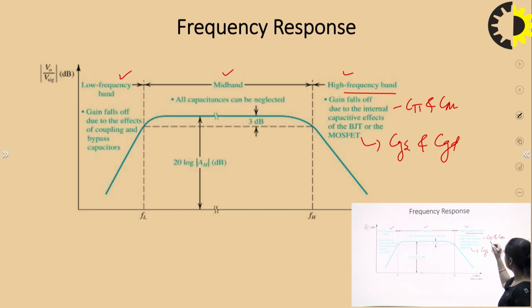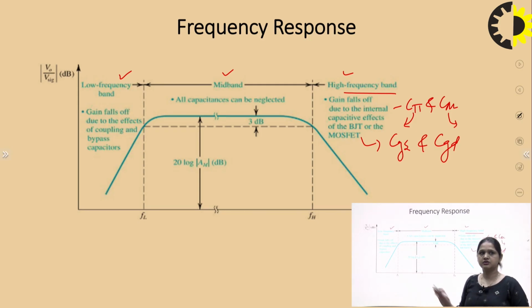So these are almost equivalent: C pi is equivalent to CGS and C mu is equivalent to CGD.